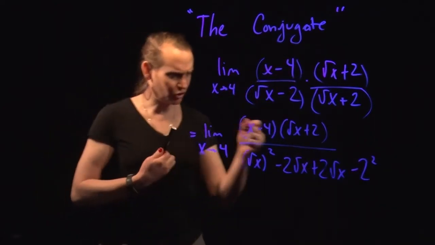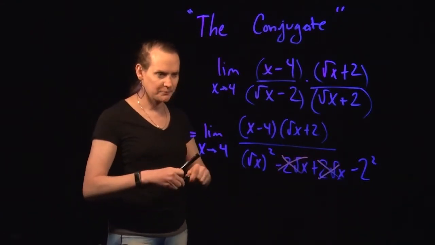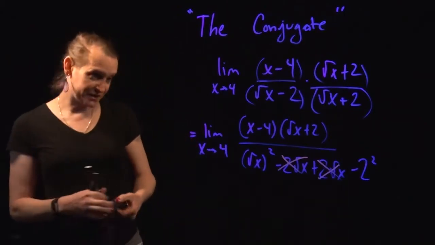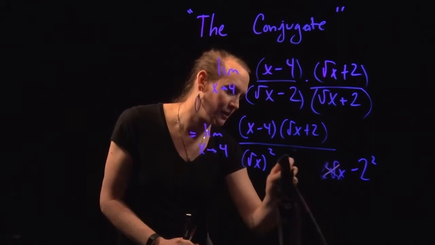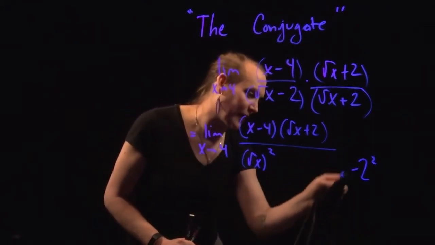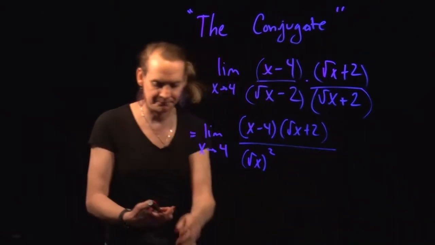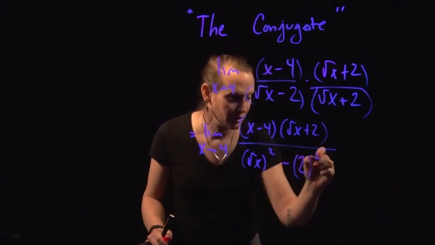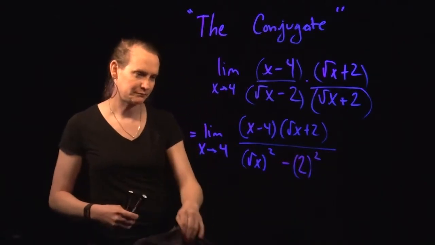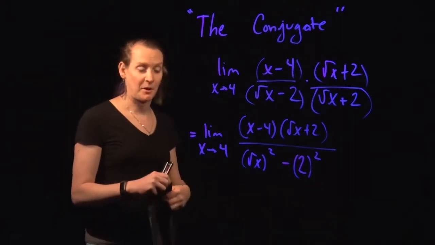And then these two terms here are additive inverses of each other, and so they cancel, which means that I'm just left with the square root of x squared minus 2 squared. Which is x minus 4.